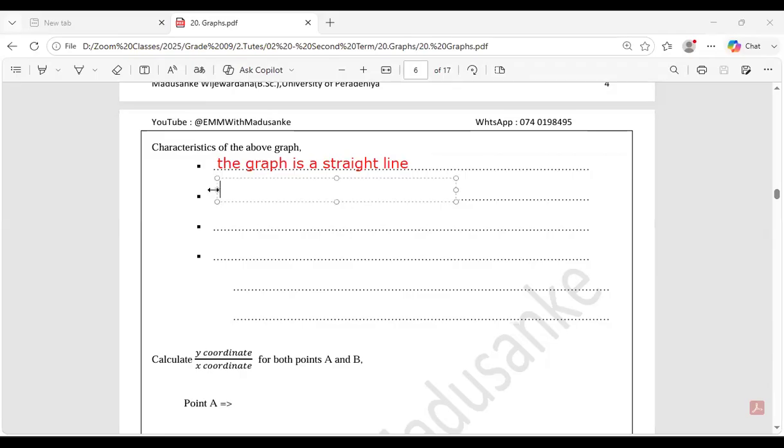As you can see, it goes through the origin.